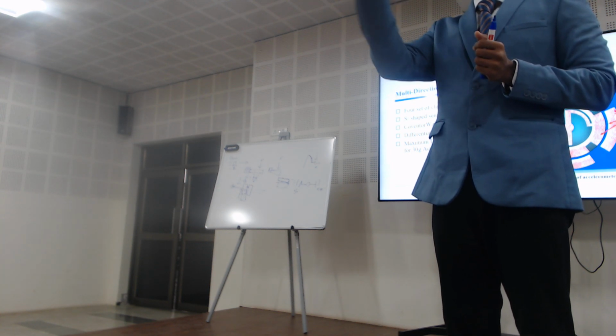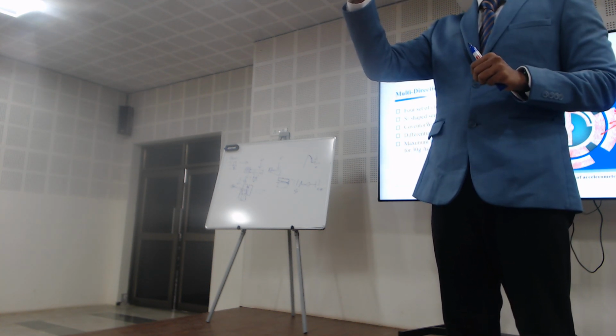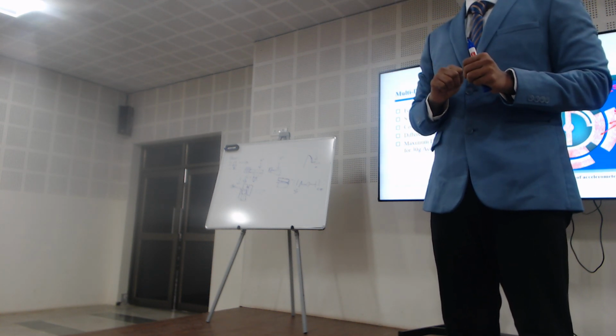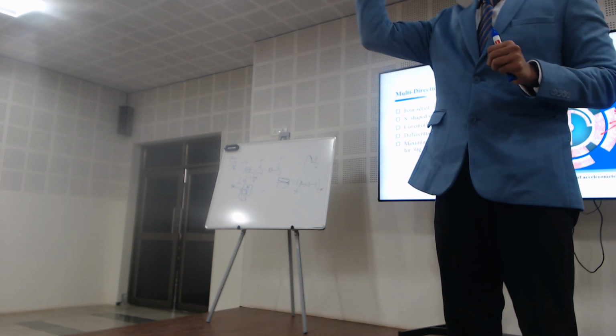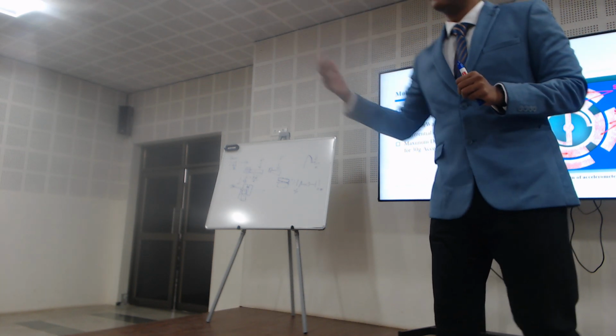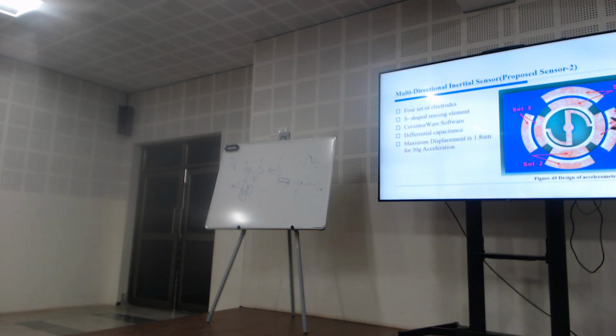For that I changed from 8 to 4 to get good capacitance. Still I want a very good value of capacitance. So what we have missed is we left this area. If I utilize this area, then obviously capacitance will increase.